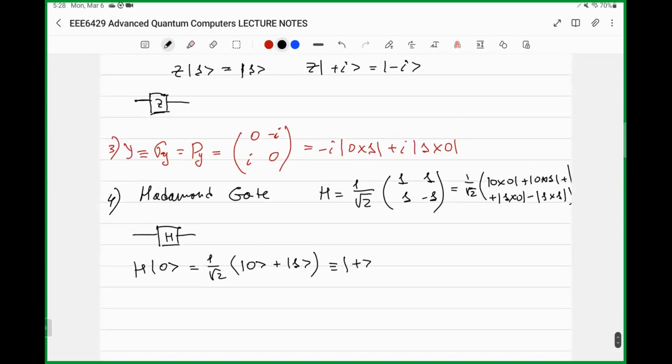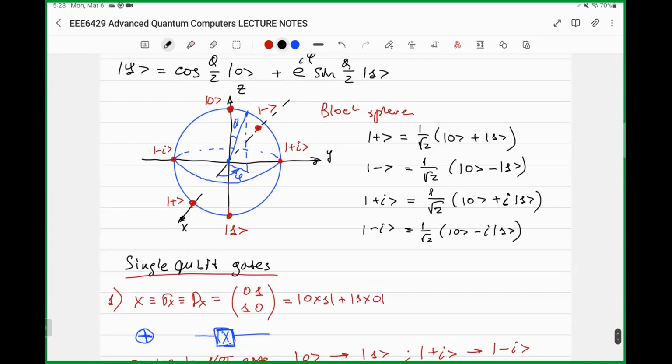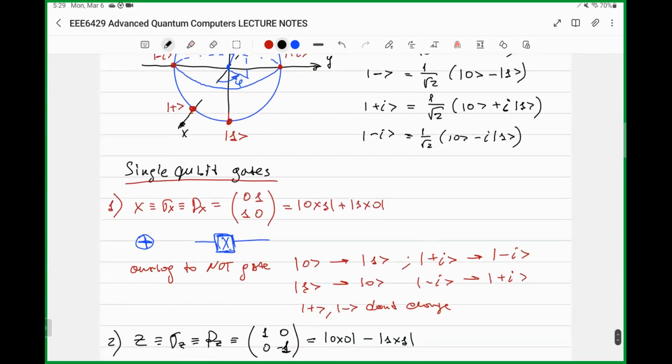So if we return to this Bloch sphere, what the Hadamard gate does is take the 0 state and make the superposition, which represents the state plus on the sphere.